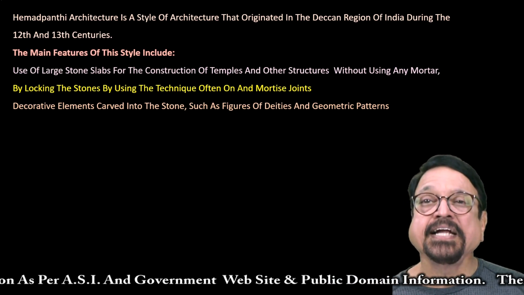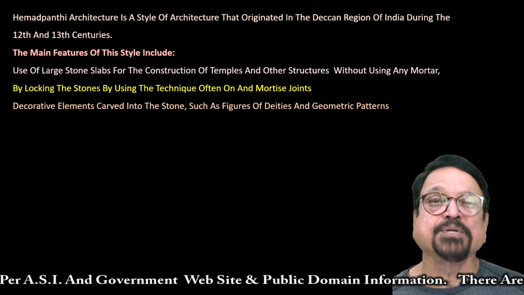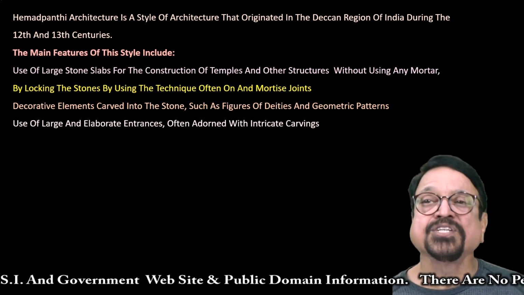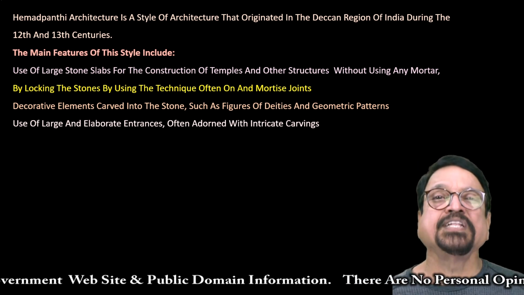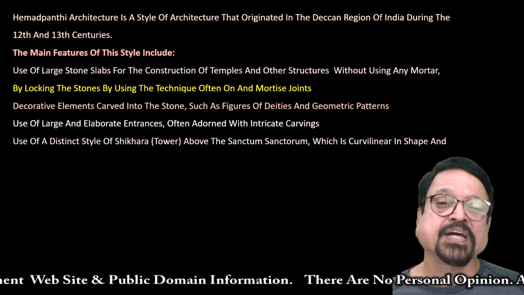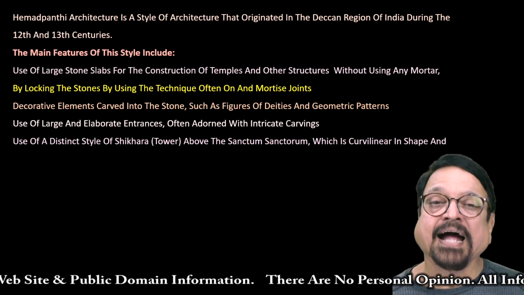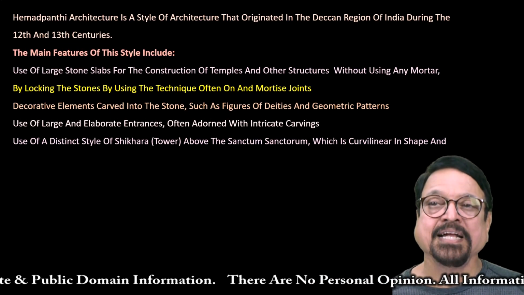Now, decorative elements carved into the stones, such as figures of deities and geometrical patterns, and the use of large and elaborate features, often adorned with intricate carvings. You can well appreciate it. This pattern of the temple has not changed.